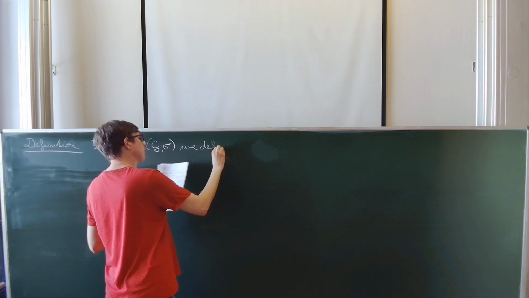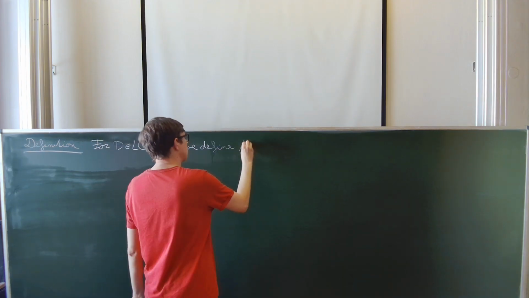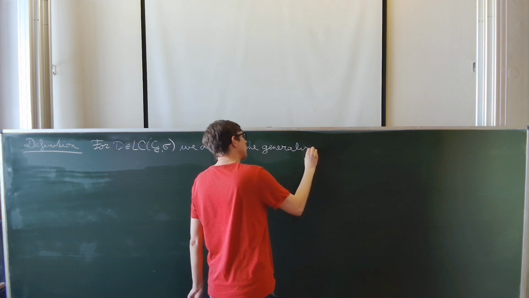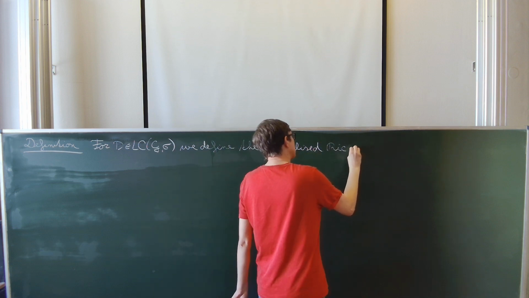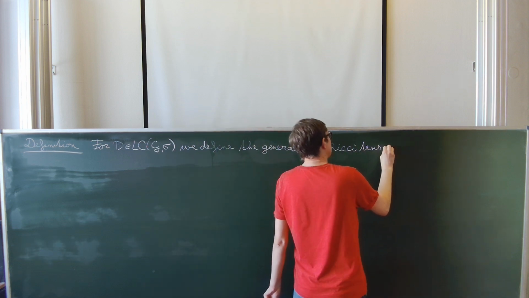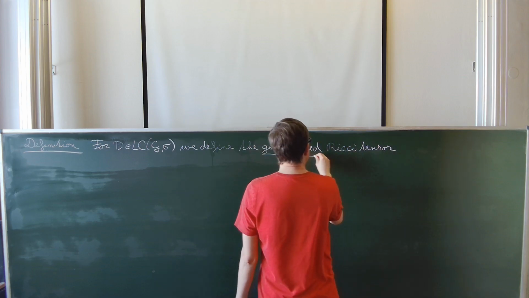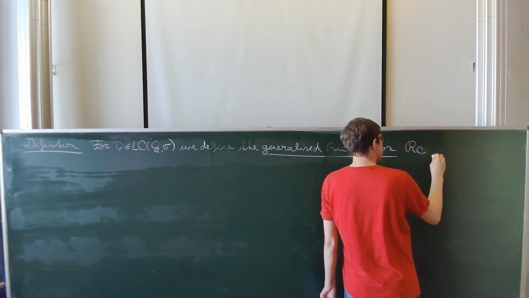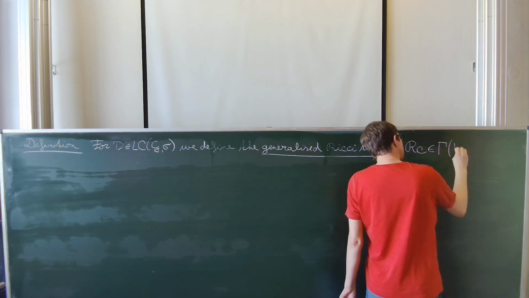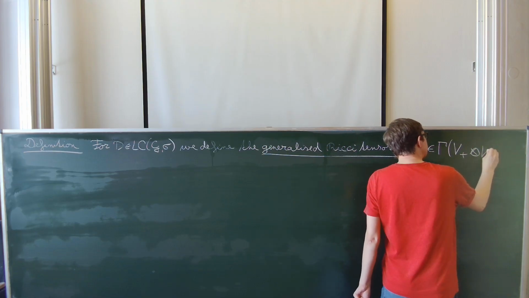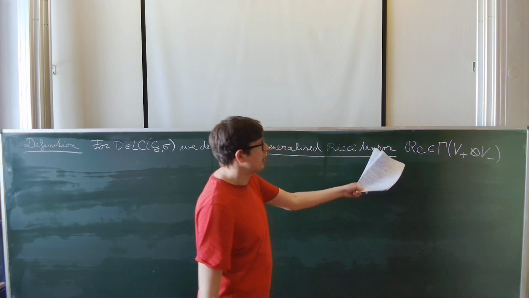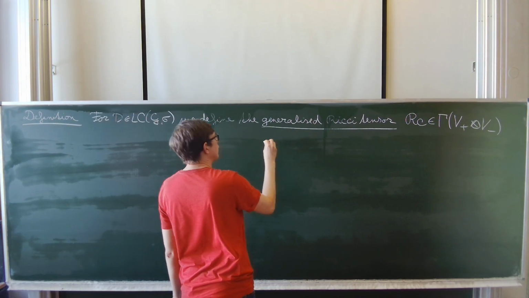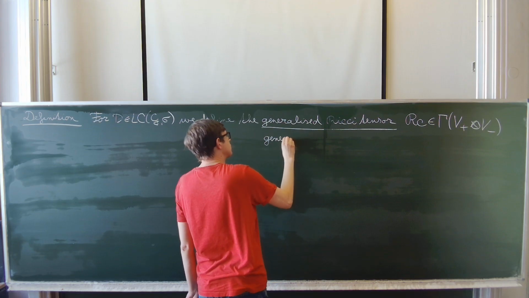And we define both the generalized Ricci tensor, which I will call RC, and this thing will be, again after some internal debate with myself, an object which lives in this particular bundle. And we define a generalized scalar curvature.